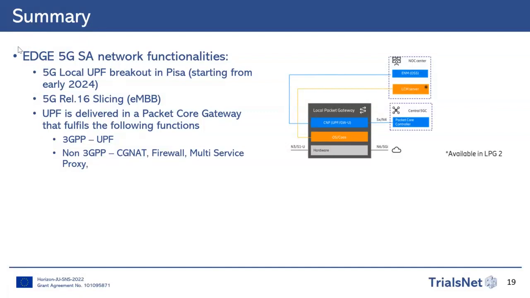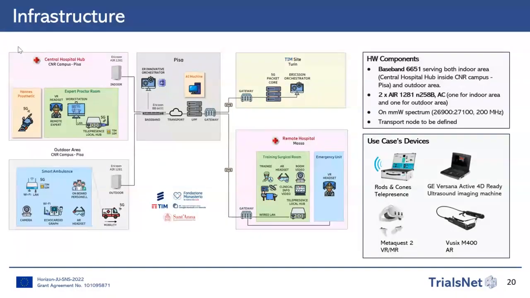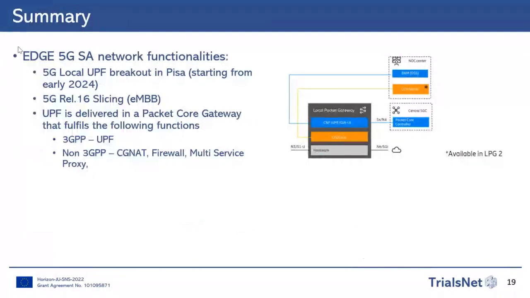As I said, we are still defining this part, in the sense that the infrastructure is not in place yet, so in principle we have the MBB, and we are discussing the case of a second slice. The UPF is delivering a packet core gateway that fulfills the 3GPP UPF function and non-3GPP functions: CGNAT, firewall, multi-service proxy.